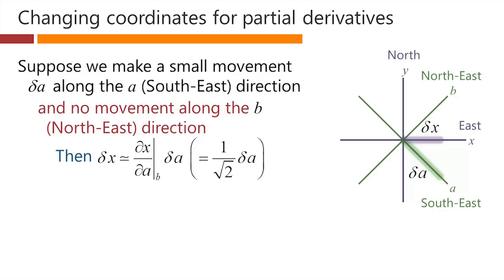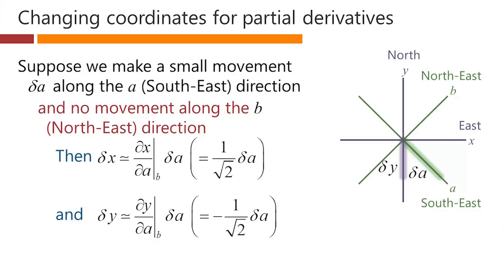And in this case, that would be 1 over root 2 times delta a. Similarly, the amount that we have moved in the y direction by moving a small amount, delta a, along the southeast direction here, the a direction, is partial dy by dA at constant b times delta a. And in this case, that's minus 1 over root 2 times delta a.